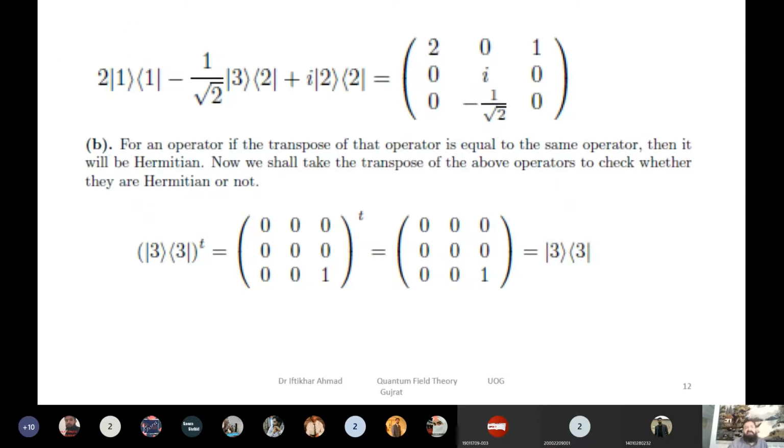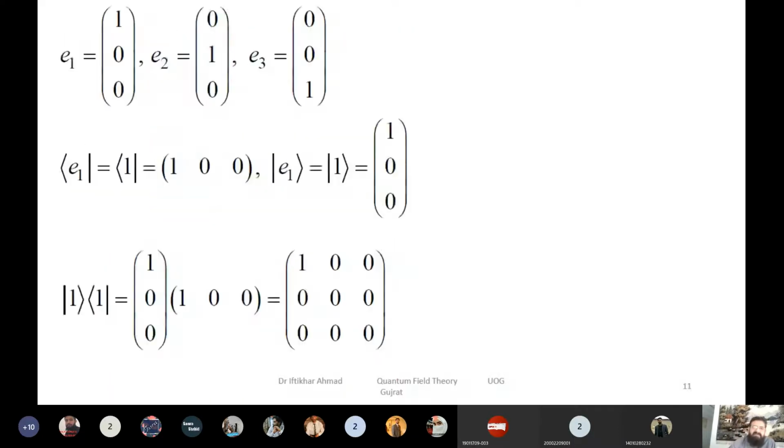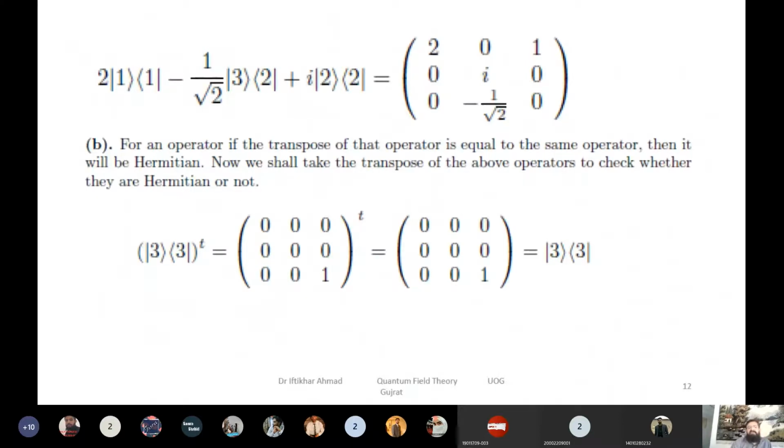Okay, for example, I'm trying to check it here. So this is the third one. Okay, third one. So let's move. So you can get the value of 0 0 0, 0 0 0 and 0 0 1, because when you multiply these two, you get this matrix representation of the operator, and then you can take the transpose.